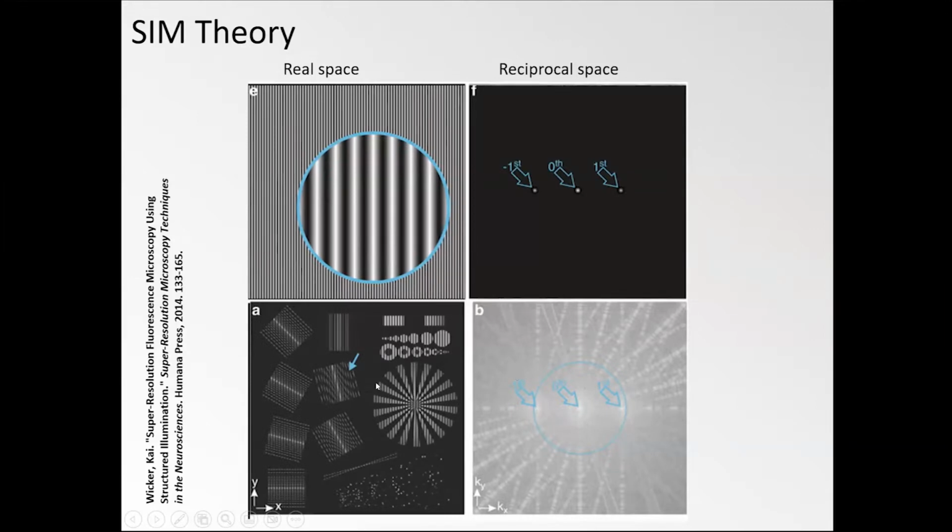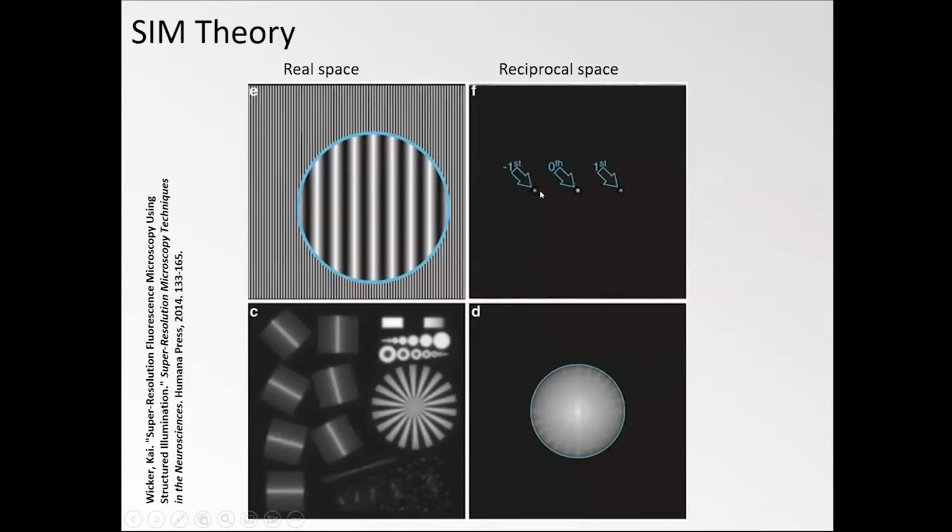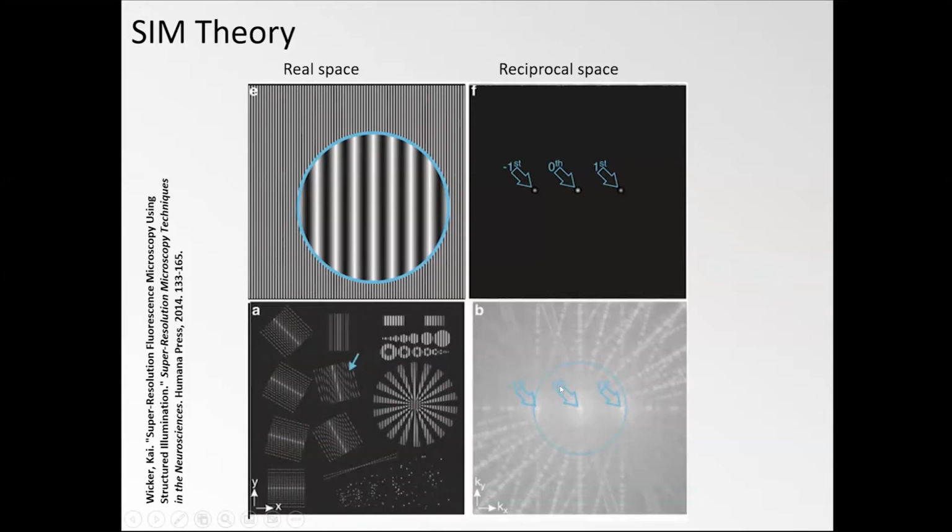This is simply because the multiplication becomes essentially a convolution in Fourier space. So you essentially convolve your sample spectrum with these three dots. You could imagine the convolution as painting something with a brush, and in this case, the brush has three tips. So if you paint something with that, you get three copies of it.